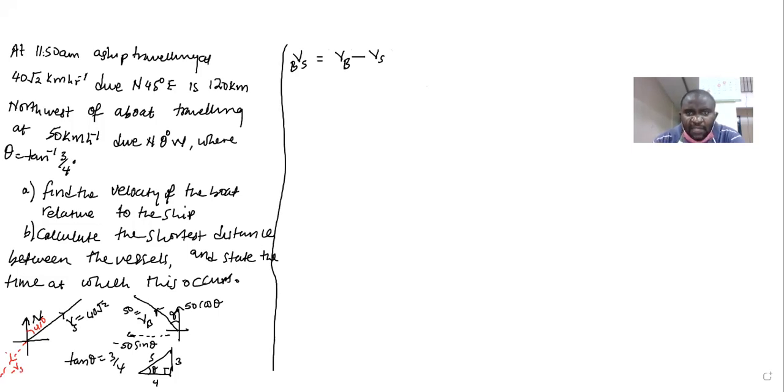Then we sketch an appropriate vector triangle that is going to represent the two. I can start with the velocity of the boat, which is going this side. Then I can follow it with the negative velocity of the ship, which is going this way. The magnitude of this is 40 root 2. Then the magnitude of this one is 50. So the relative velocity will act along this line, the velocity of the boat to the ship.